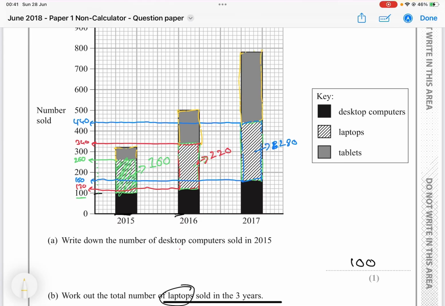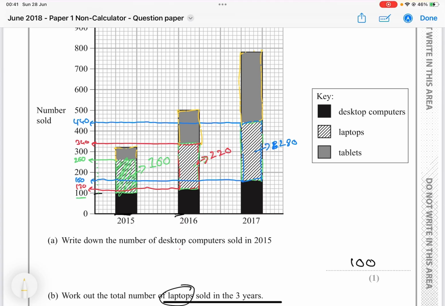Okay, proportionally. If you look at the laptops, they also grow as well. The bar for that also grows as well. The bar itself, not the whole entire bar for all three, but I'm talking about the individual bars. Yeah, it looks like the laptops one also increases, but clearly not as much as the tablets. And desktop computers also increases as well, but again, not even as much as laptops.